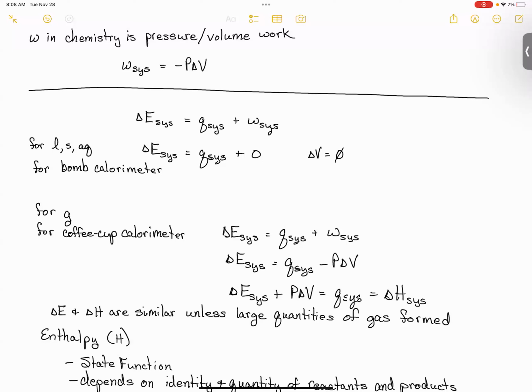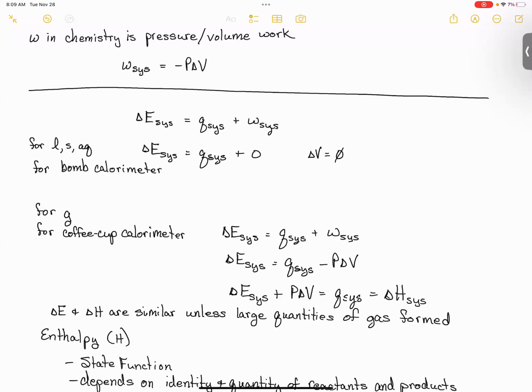Now, if I rearrange this equation, I get energy of the system plus P delta V is equal to Q of the system. And then when we do that, that means that it comes out equal to the enthalpy of the system, which is what we're really focused on in this particular chapter, the heat capacity and then the enthalpy.